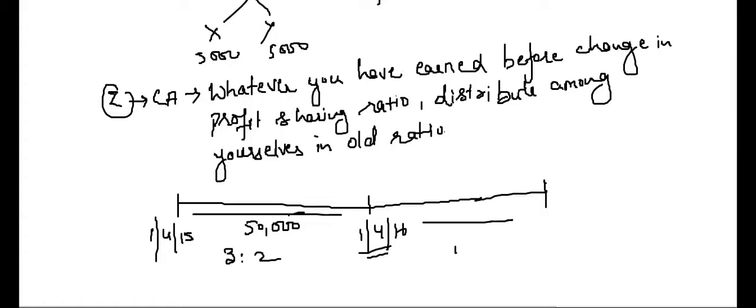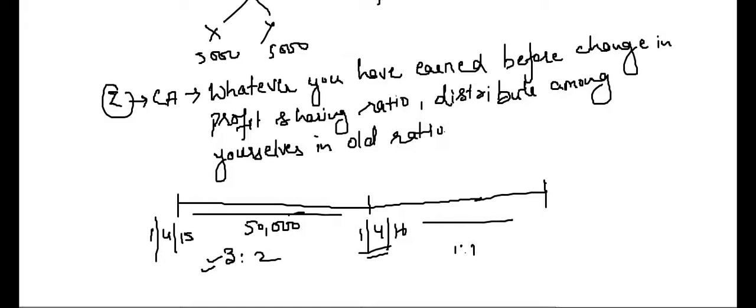Now they have decided to share profits equally. So he says, whatever you have earned before 1/4/2016, when your profit sharing ratio was 3:2, distribute that in the profit sharing ratio of 3:2 and not the new ratio. Whatever you will earn after 1/4/16, distribute it in the new profit sharing ratio, that is 1:1.